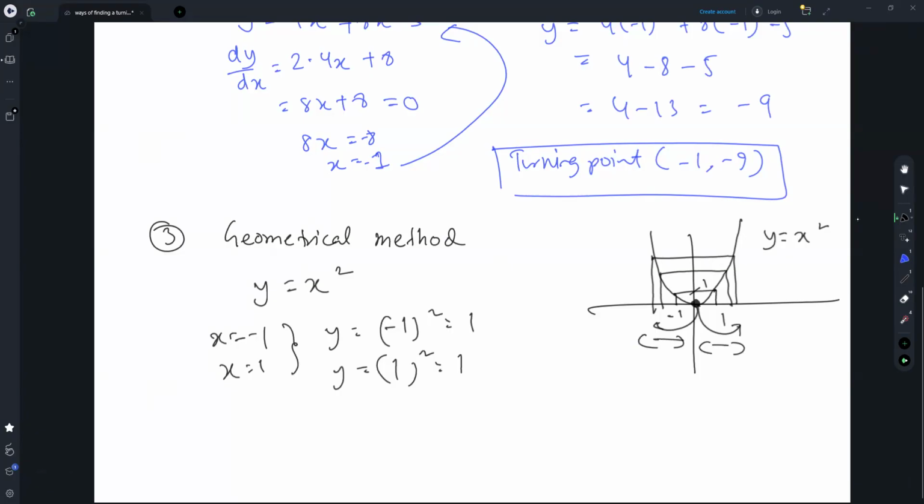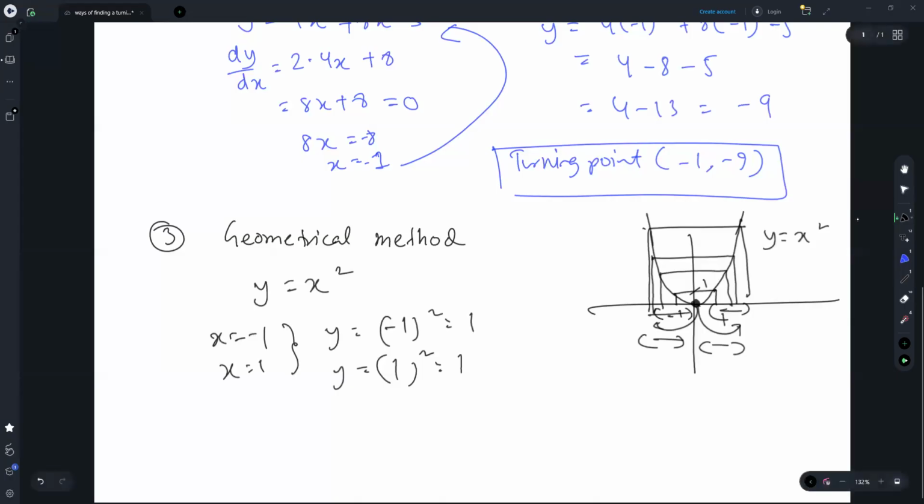Because of this, we can easily say that any quadratic curve, not just this one, any quadratic curve has a turning point, and the distance from the turning point to the two values of x giving a certain value of y will be the same. This is always applicable. A certain value of y will correspond to two different values of x covering the same distance.